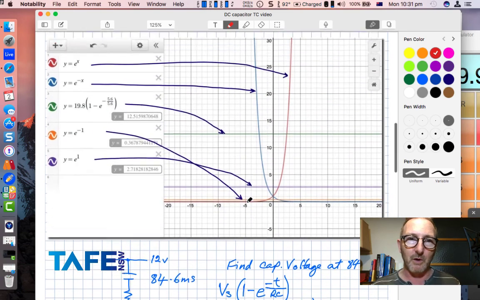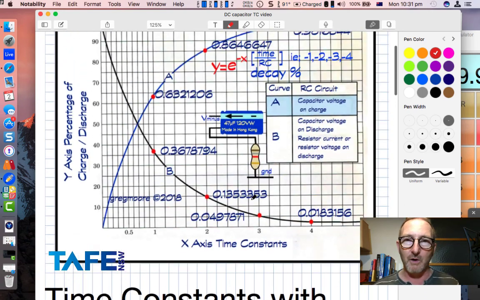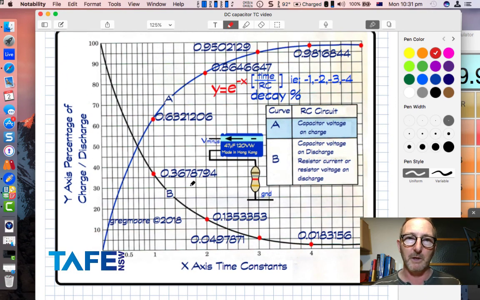Anyway, look, I'll wrap that up at that point. That was really all I wanted to show, just the use of e with being able to work out the voltage across a capacitor in an RC circuit. And of course, this other curve, just take a second to say this, as the voltage is increasing across the plates of the capacitor, the current in the circuit is decaying.